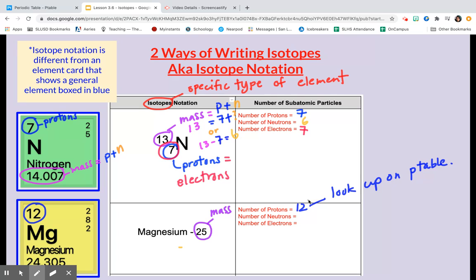Because I know the number of protons that I have, I can also figure out the number of electrons that I have, right? Because remember that the number of protons that I have is the same as electrons.